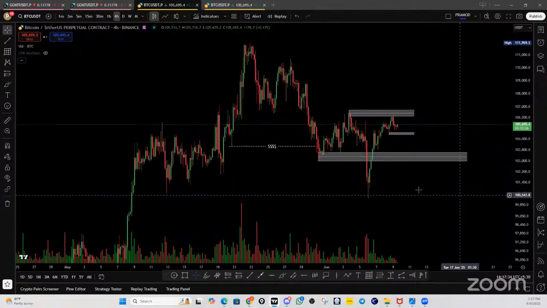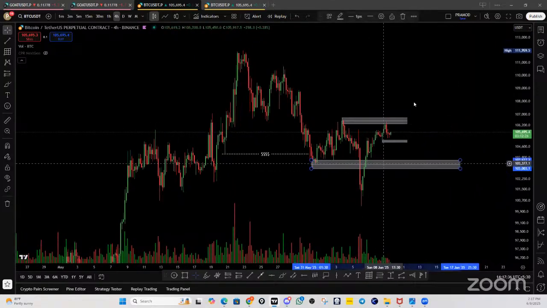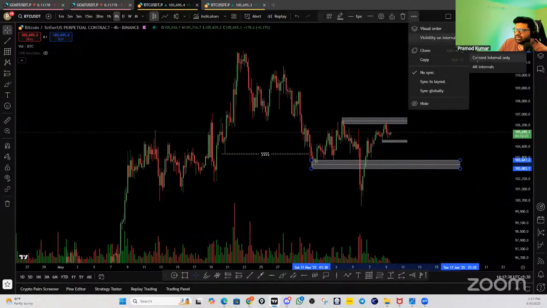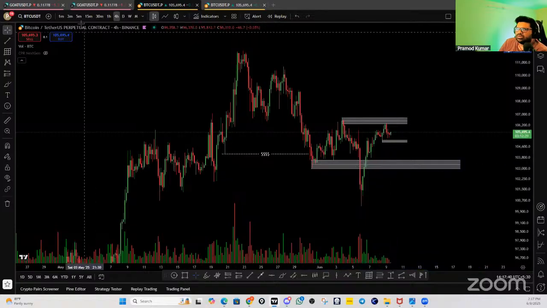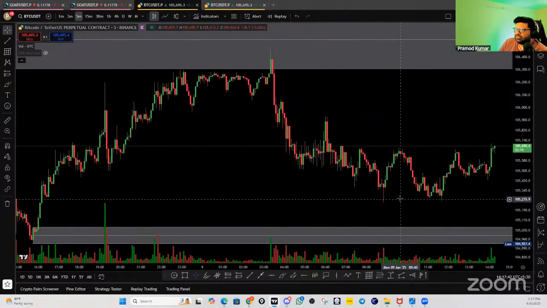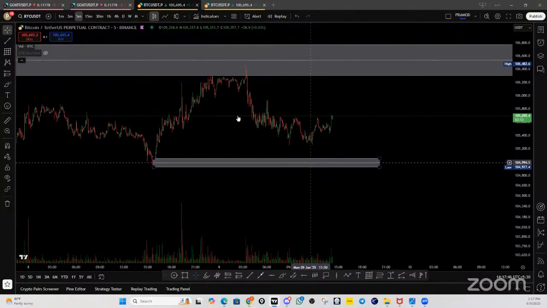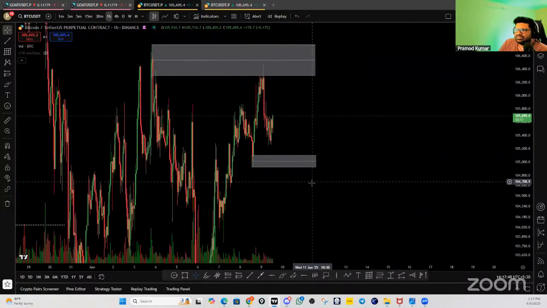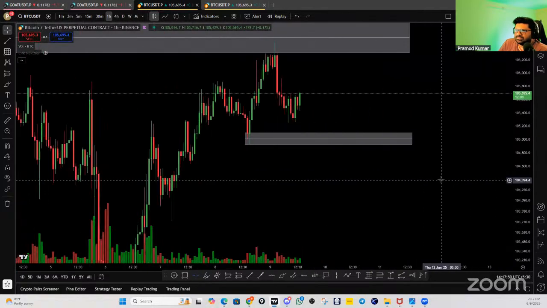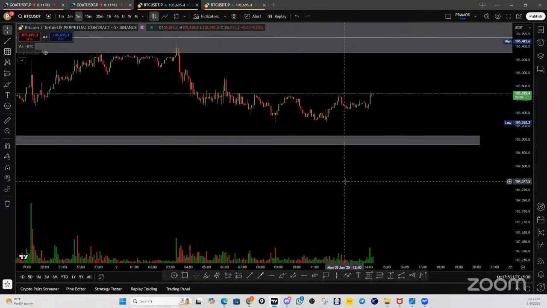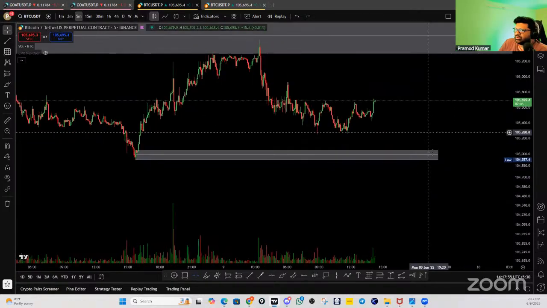So now when we have this area to take the long, like I said, this area, this candle, sir. Not 5 minutes, 1 hour. Yeah, so just wait to cross this area.